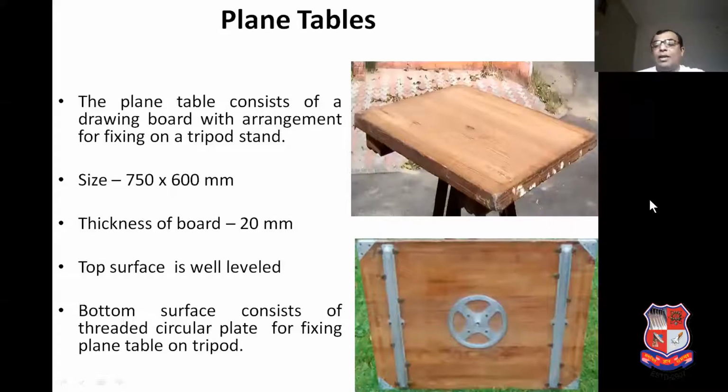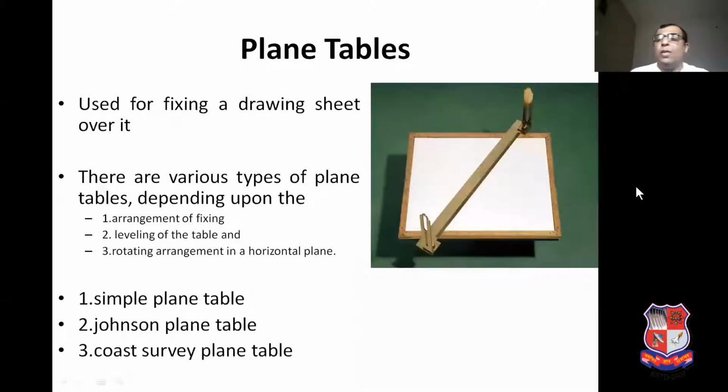So the fixing arrangement may vary depending upon the type of the plane table, which we will see in the subsequent slides. So what is the role of the plane table? What is the use of the plane table in case of plane table surveying? So the plane table is used for fixing a drawing sheet on the top surface of the plane table.